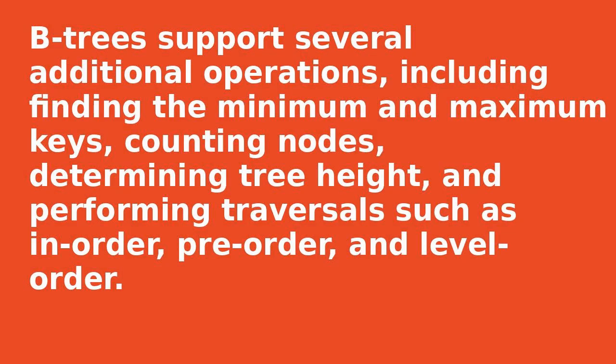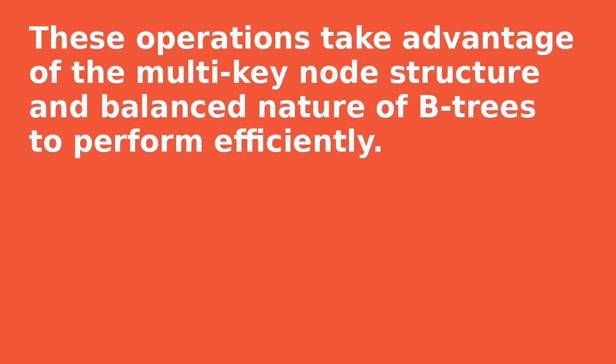B-trees support several additional operations, including finding the minimum and maximum keys, counting nodes, determining tree height, and performing traversals such as in-order, pre-order, and level order. These operations take advantage of the multi-key node structure and balanced nature of B-trees to perform efficiently.